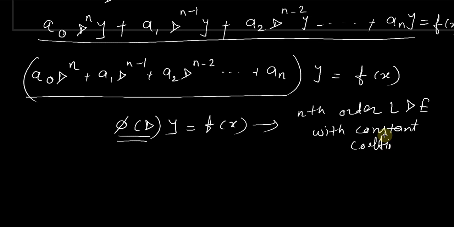Now we have to solve this equation. How to solve? Derivatives of y is equal to f of x. So solution of this equation is going to be y is equal to some function of x. How to find this solution? To find this solution, two parts. y is equal to yc plus yp.